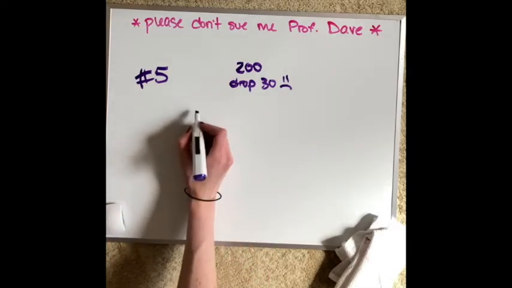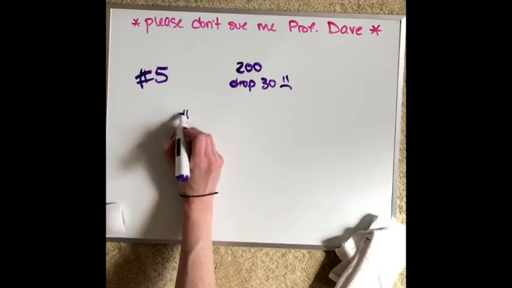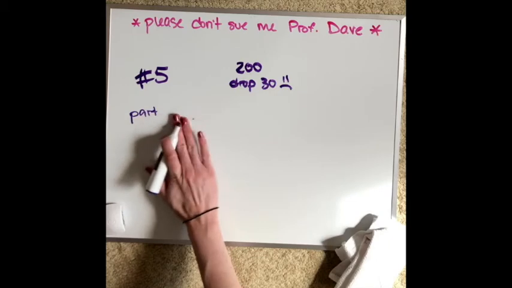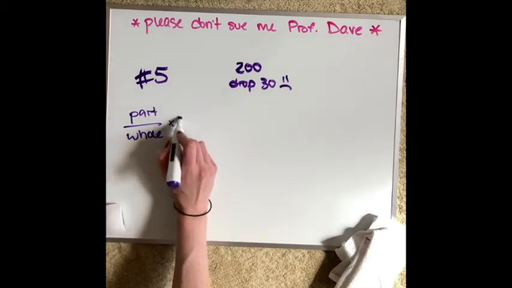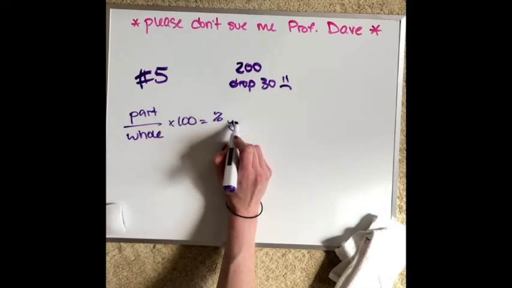So here is your equation. This is just the setup. Let me start here. You want part over whole times 100 to give you your percent yield.